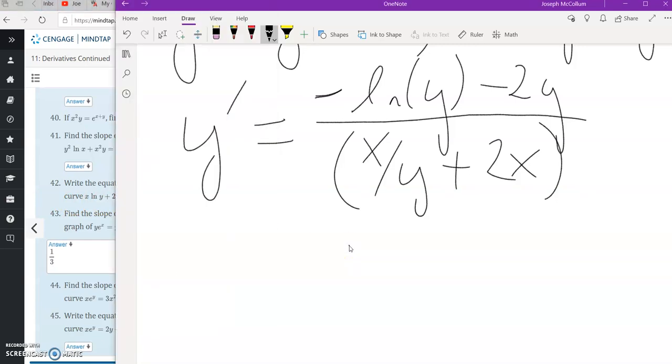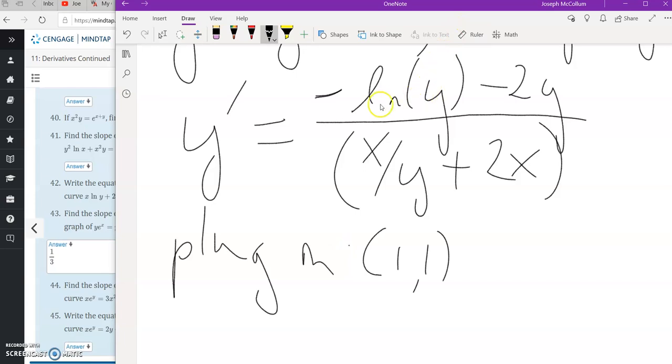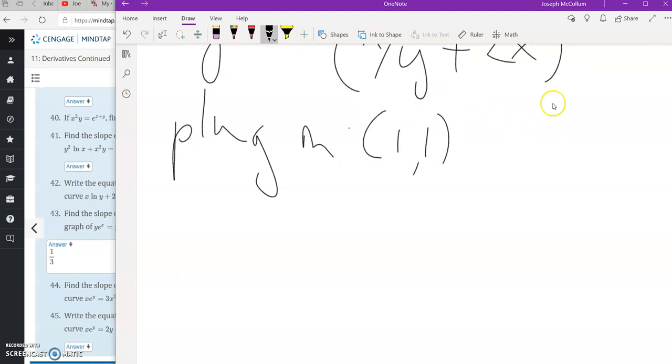So now we plug in 1, 1. So it'll be natural log of 1 minus 2 times 1. That's the y is 1, so I'm plugging in 1 for y. Good news, by your calculator, you'll notice the natural log of 1 is 0. So really, you just have a negative 2 in the top.